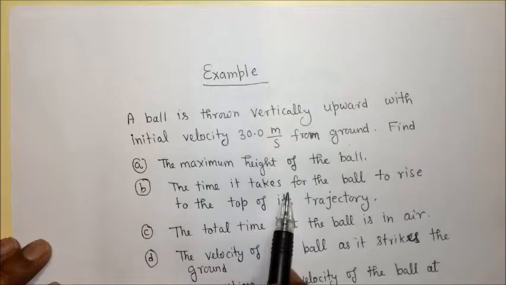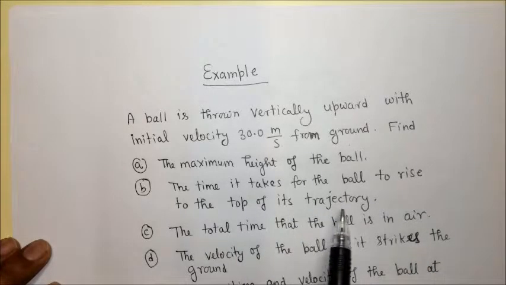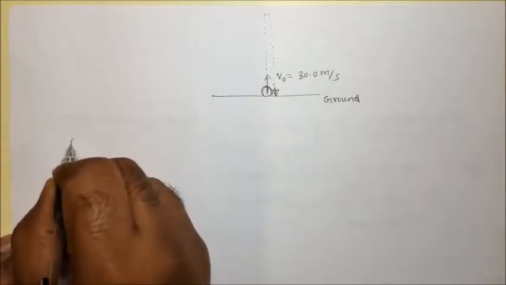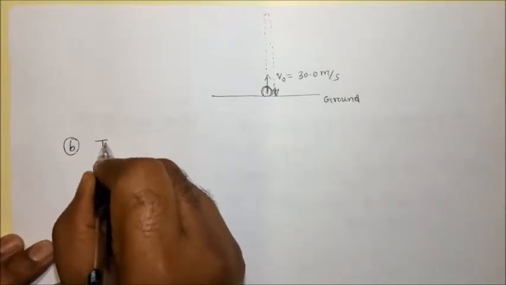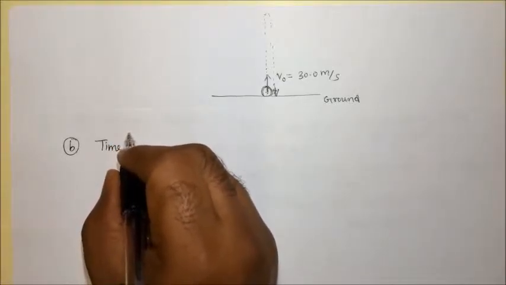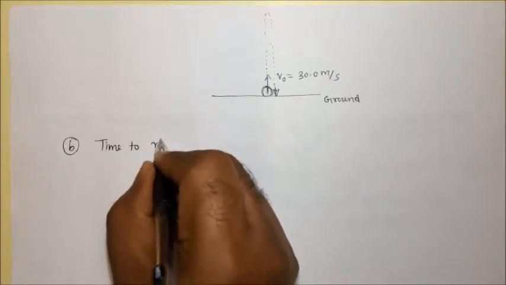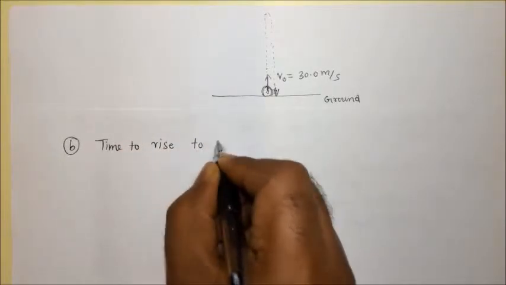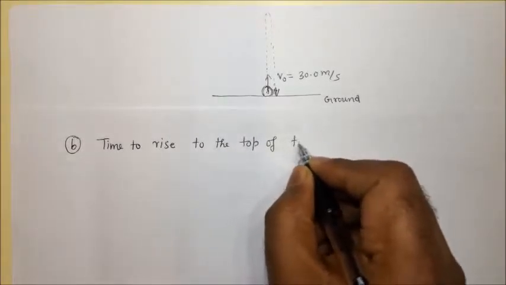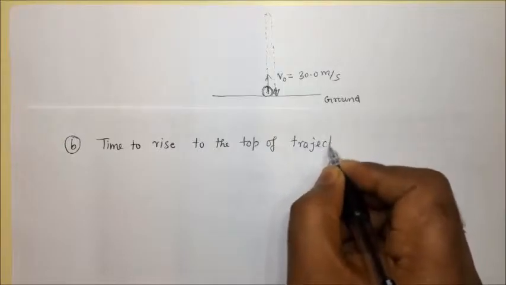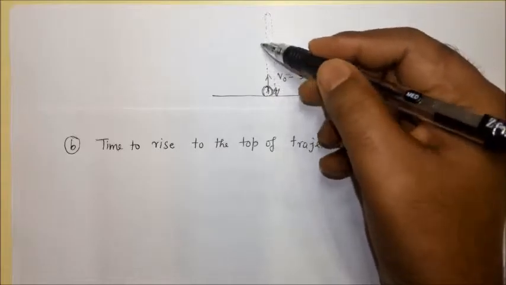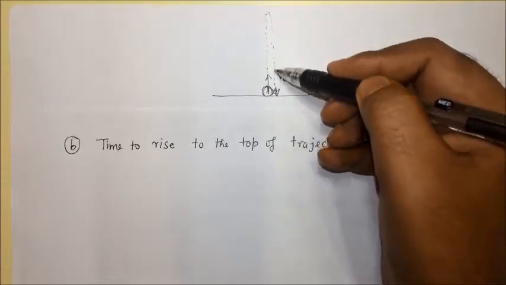Let's do the B part of the problem, the time it takes for the ball to rise to the top of its trajectory. This is the whole trajectory from starting, goes all the way to the top and comes back to the ground.